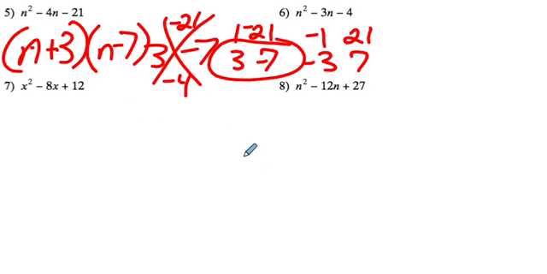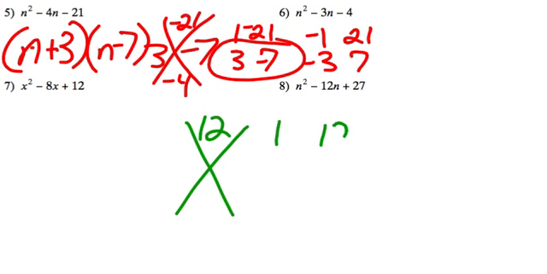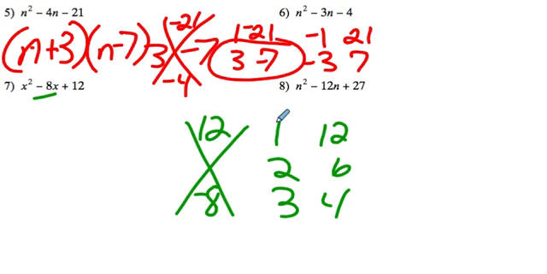Ooh, number 7 looks like fun. Numbers that multiply to +12, hey, that's easy. 1 and 12, 2 and 6, 3 and 4. But they add to a -8. Well, remember, 2 negatives multiply to a positive. And 2 negatives add up to an even bigger negative.